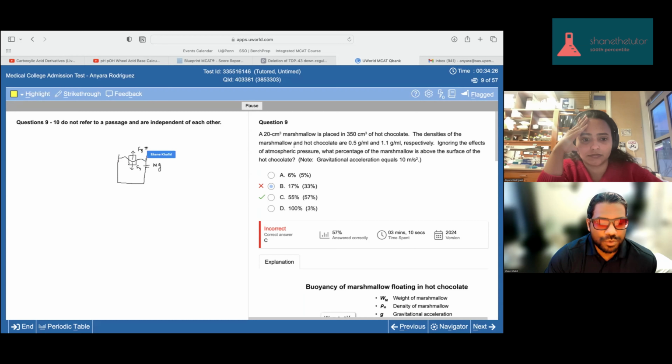So the buoyant force would be equal to rho, the density of the fluid, times the volume of the fluid that's displaced, times g.